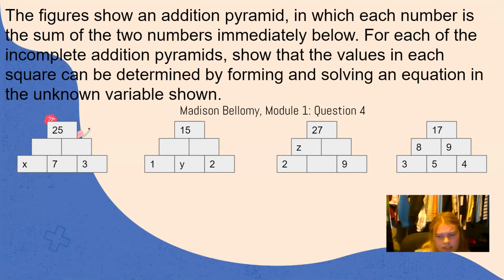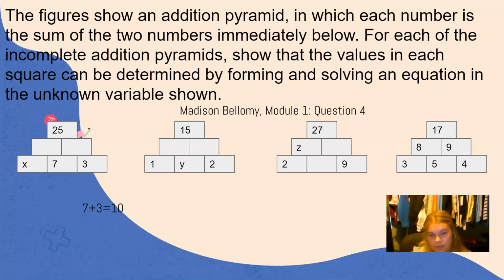So it would be fair to say that 7 plus 3 is equal to 10. So we can already establish that the box above is 10. But it wants us to establish an equation. So easily we could say, okay, 25 minus 10 is this number, and so on.